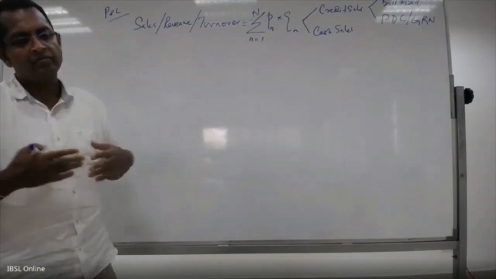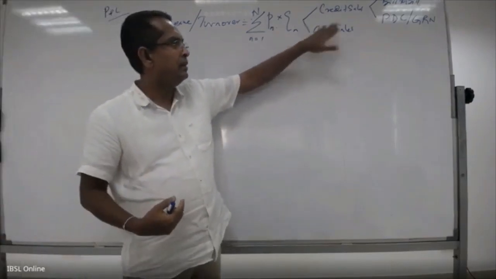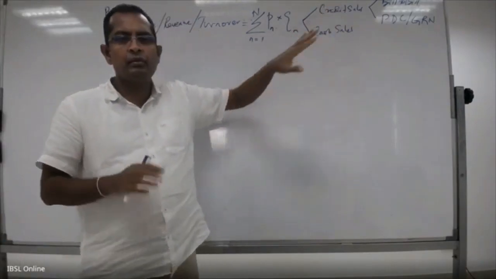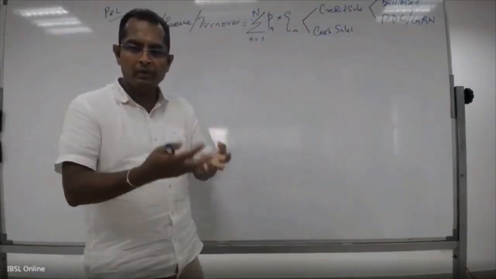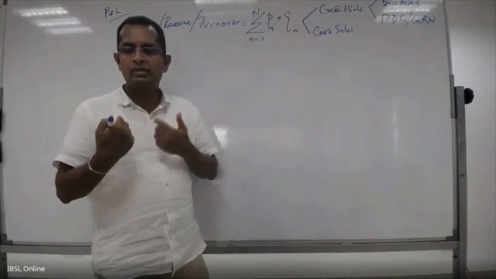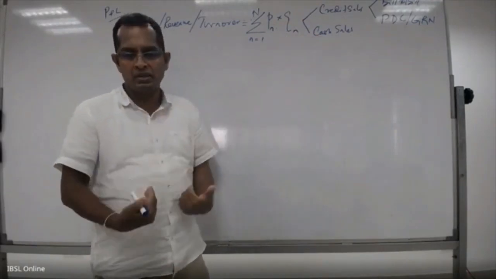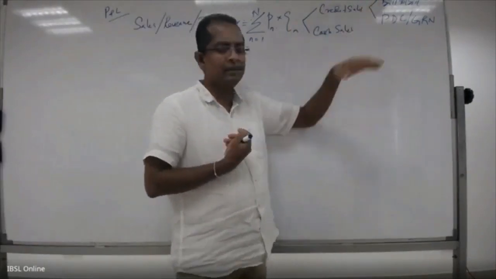Other way is like you go sell, you get cash, that is cash sales. Then this is credit sales, you don't get anything, that is divided into bill to bill, and you give the goods, take a post-dated check, or you supply something, you get a GRN. So that is how the credit sales goes.